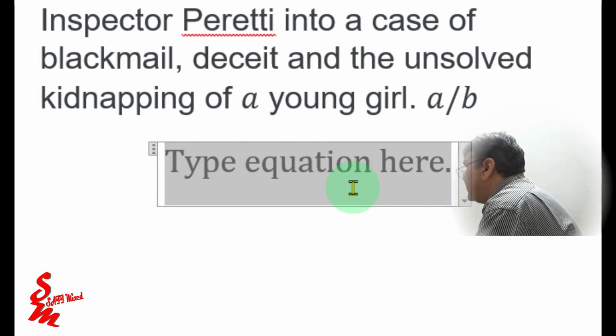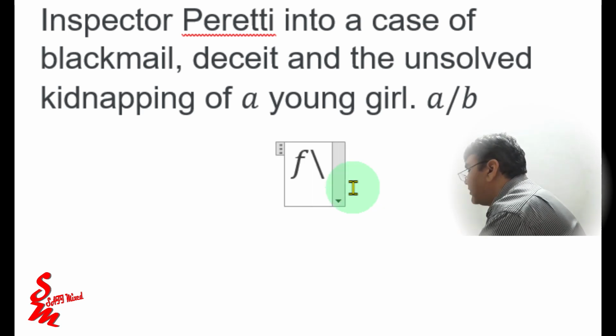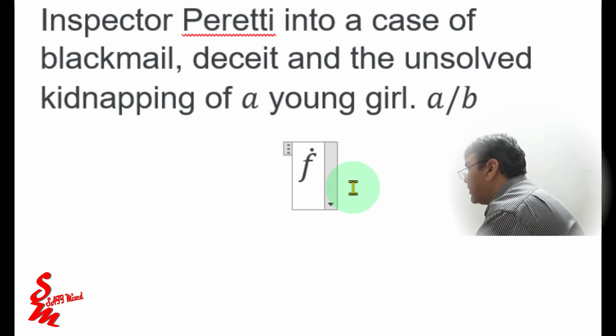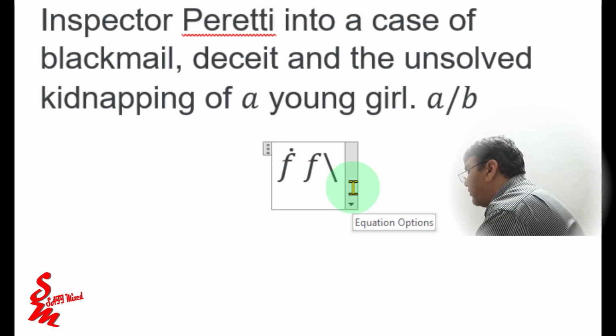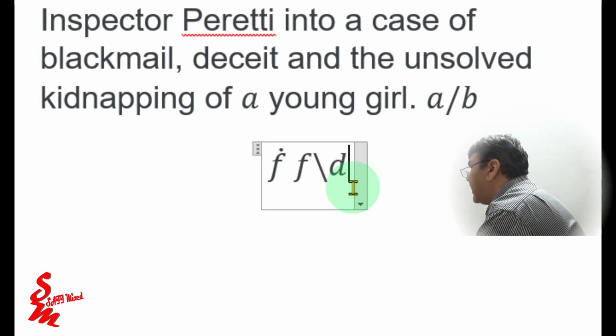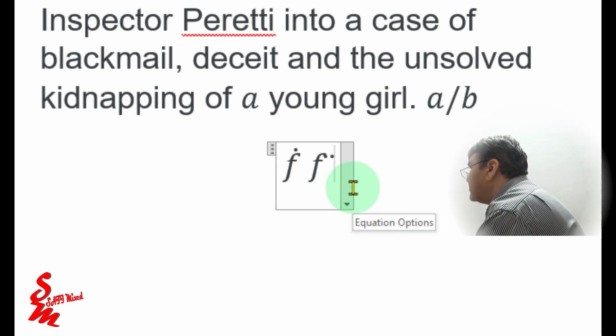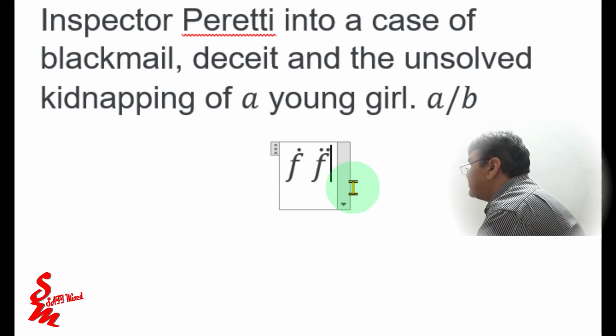On the other hand, the time derivative dot is inserted over f by pressing backslash followed by dot and then hitting the spacebar key. And similarly, if I want to insert a double dot, then I have to insert backslash ddot, and pressing the spacebar key will insert the double dot.